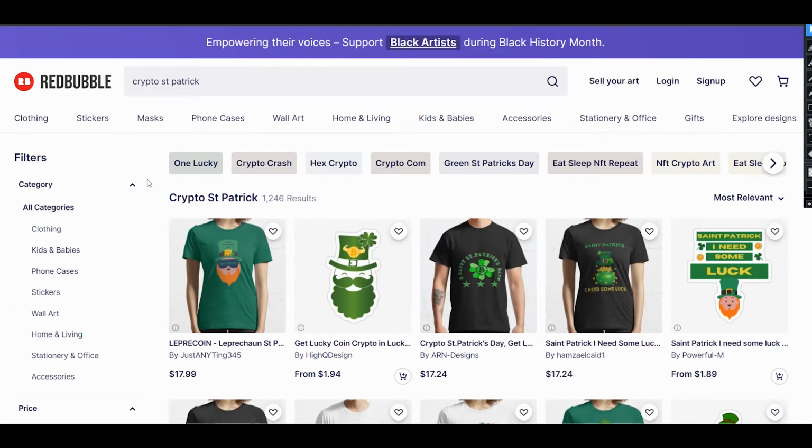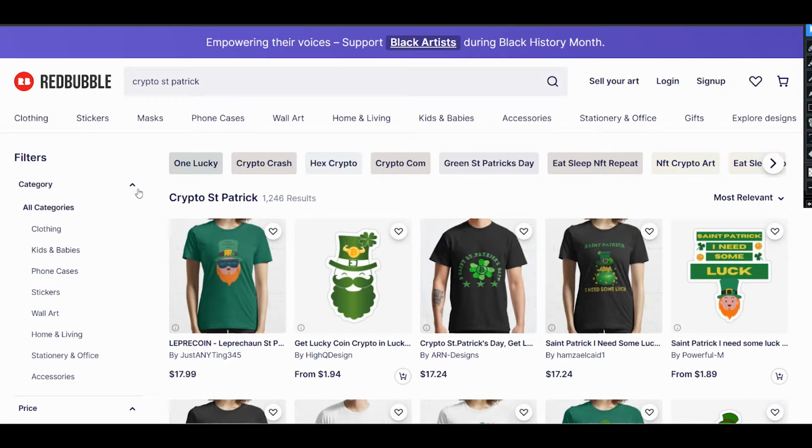And as for holiday search volume, it is quite normal, 1200 plus results right now, because really a good amount of searches before St. Patrick's Day.